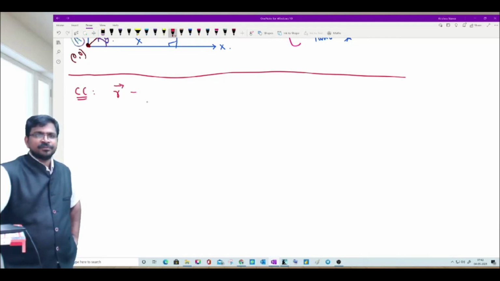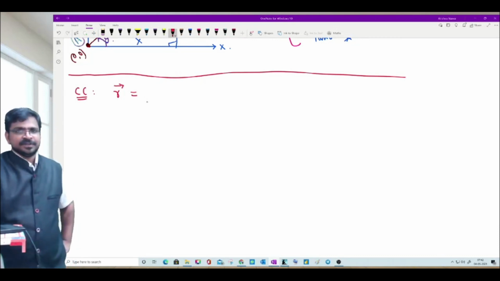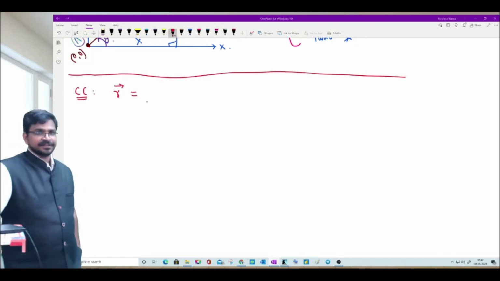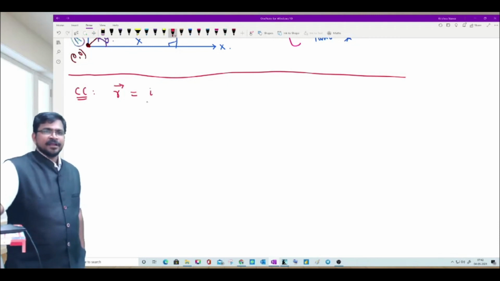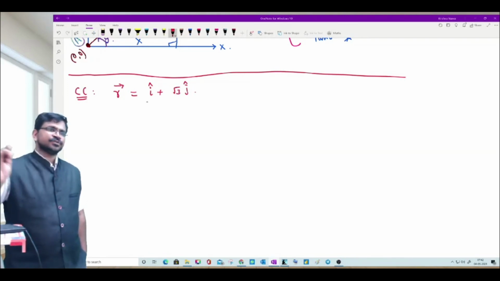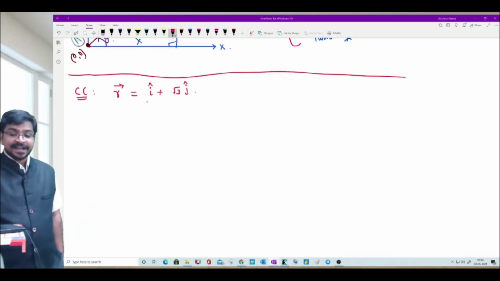Suppose you are given i plus root 3 j. This is the question given. And you are asked to find out the direction.